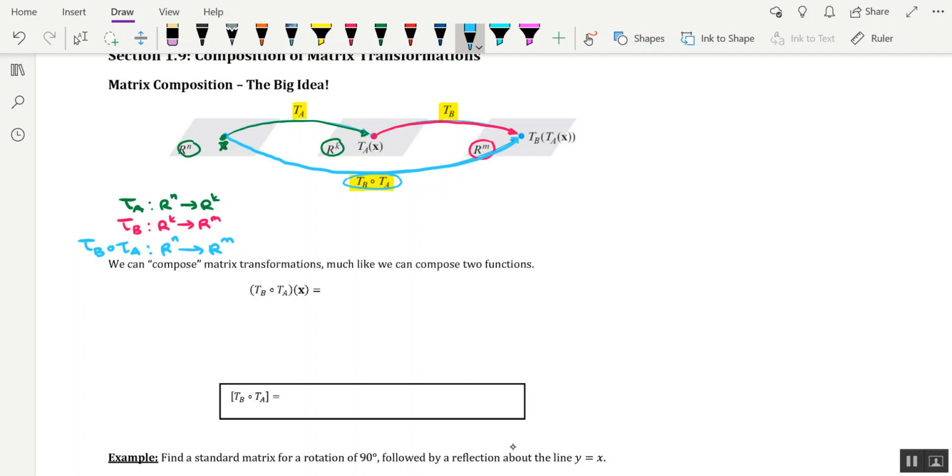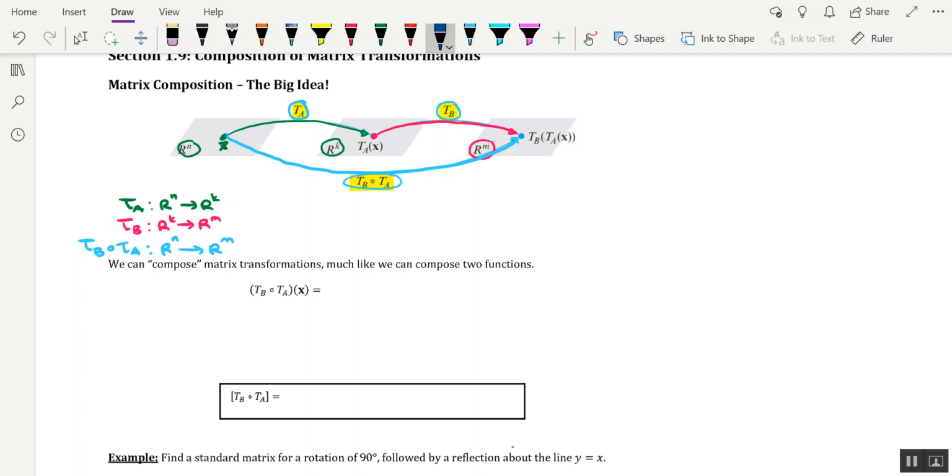T sub B is written first, but in reality, what's happening is T sub A is getting applied first, and that gets followed by T sub B. So there's this whole idea of a backwards notation, much like we have with ordinary functions.